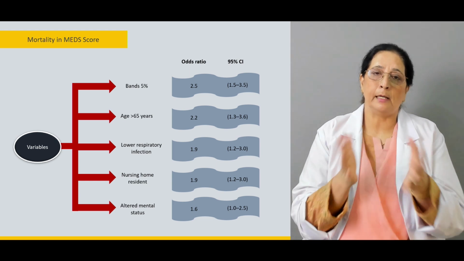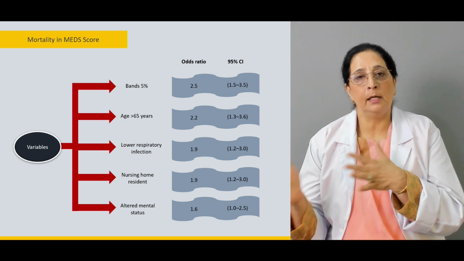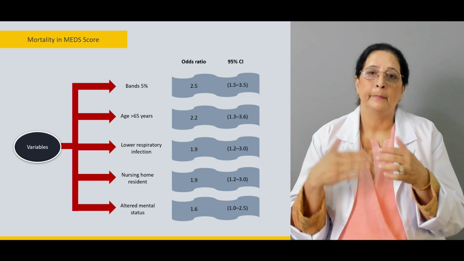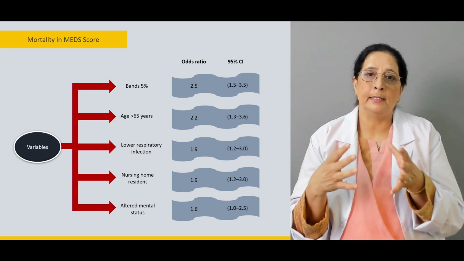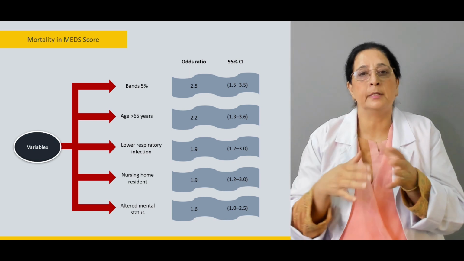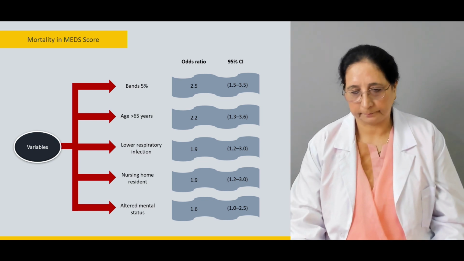So this is just the comparison between the odds ratio and the 95% CI, a clear indication that this person might have these problems and it can increase the mortality rate.